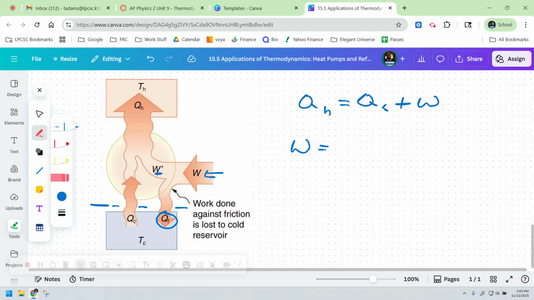So you have your work. Well, what is the work? Well, it's going to be the work prime plus the heat due to friction, right? So it's getting divided up. And mathematically, the plus or minus depends on the system. Some of it goes in, some of it stays out.